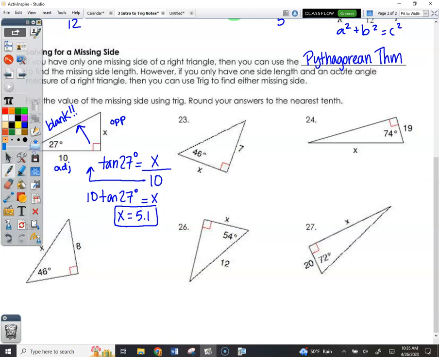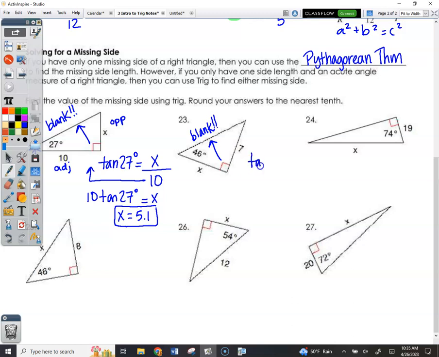Now go to number 23. My first question to you is, is 23 a tangent problem? How do you know? Because of the hypotenuse. Draw an arrow from the right angle to the hypotenuse. If it's blank, it is a tangent problem. So we're going to set it up.